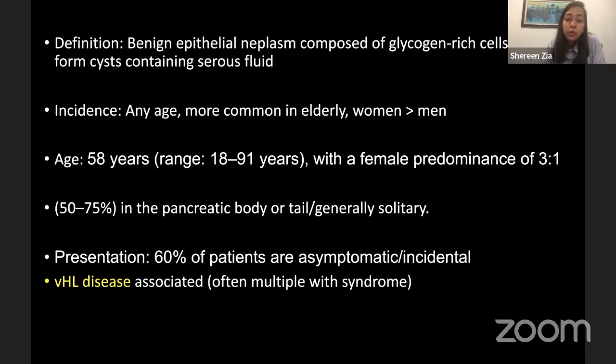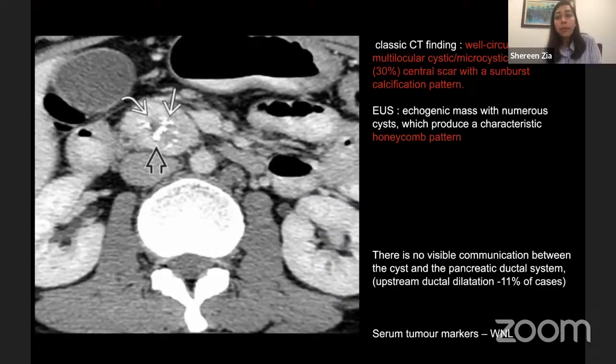They're generally solitary, and they're associated with von Hippel-Lindau disease. On imaging, they are a well-circumscribed, multilocular cystic mass. They can have a central scar, and the radiologist may also describe a honeycomb pattern. They do not communicate with the pancreatic ductal system, and the serum tumor markers are within normal limits.